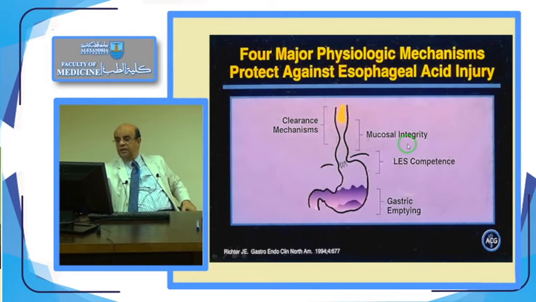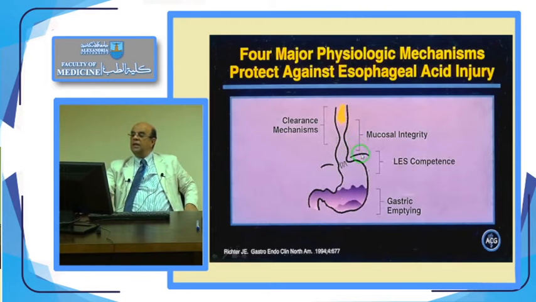Then there is mucosal integrity: the epithelium of the esophagus is healthy, and there are no widened intercellular spaces that would permit the acid and enzymes to come into the deeper layer of the mucosa, causing inflammation that may lead to fibrosis and strictures and so on.